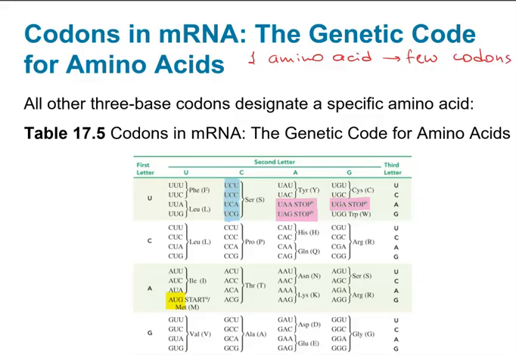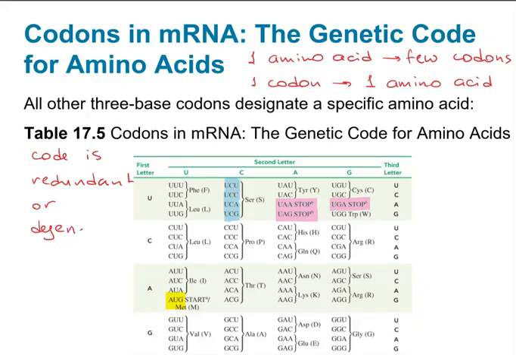Not necessarily; there is tryptophan, which has only one codon. But every codon encodes only one amino acid. This feature of the genetic code, that it has synonyms, is called redundant, or another term, degenerate.